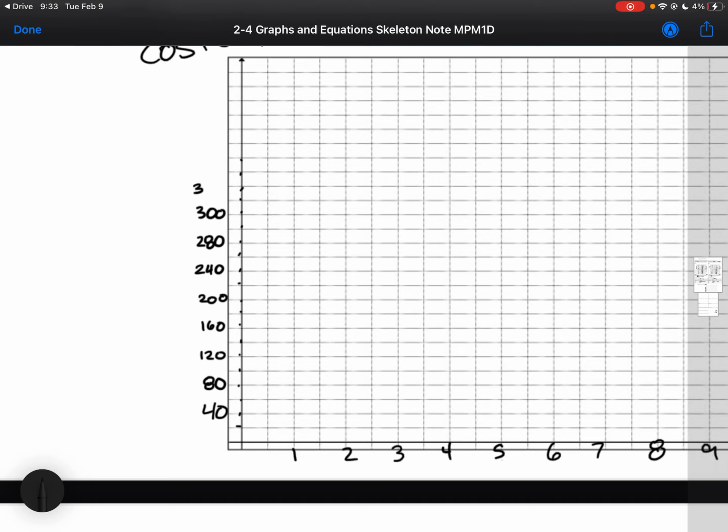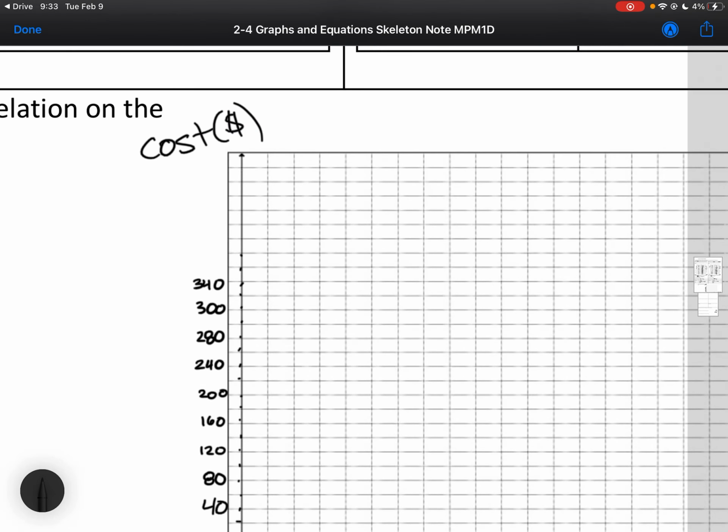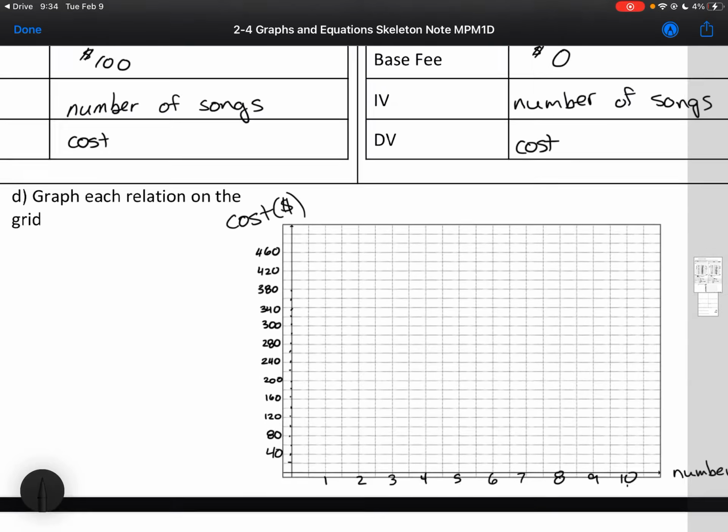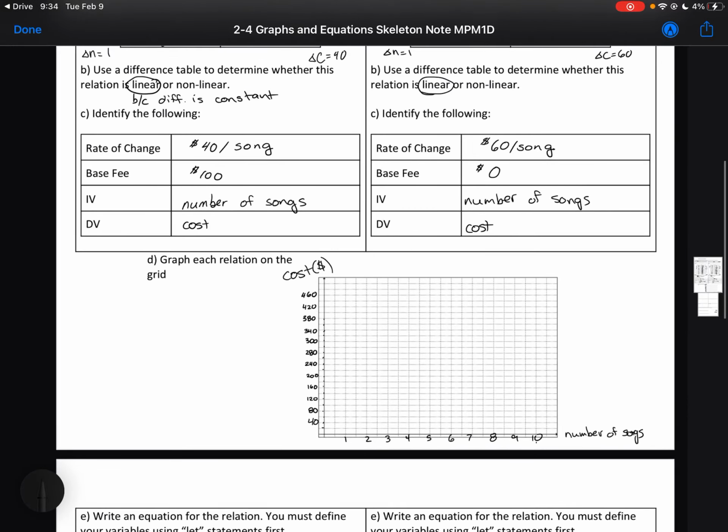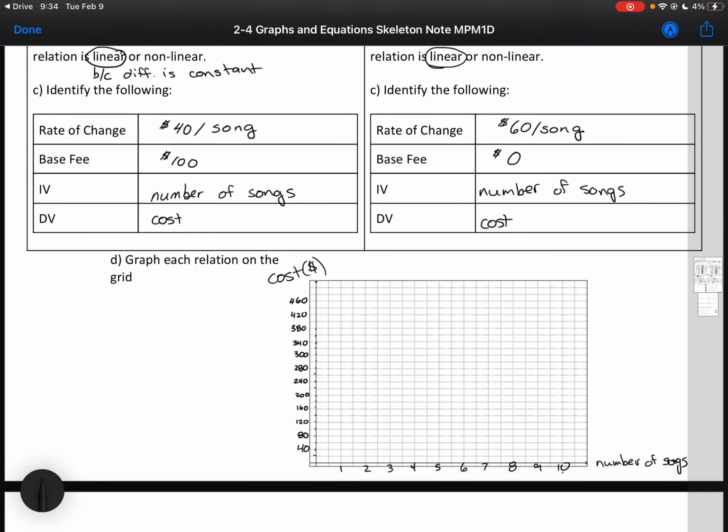I'm just making sure I go up enough to have enough space for my information on my table of values, or most of it. And then I've got 380, and then 420, and then I'll do 460, and then I'll stop there because my table of values does not go that much higher, well, except for one. So I'll go up to 500 there.